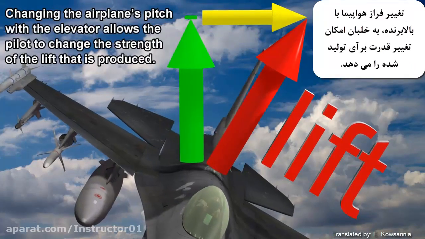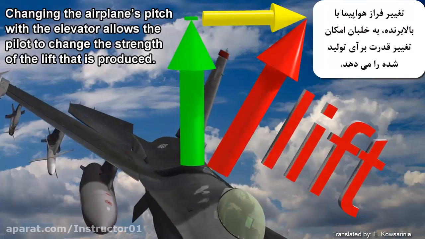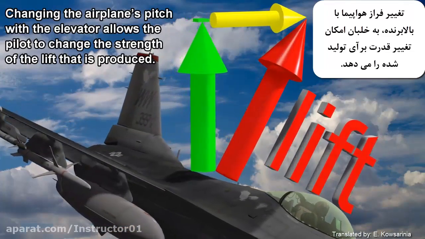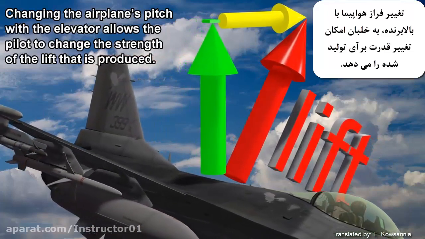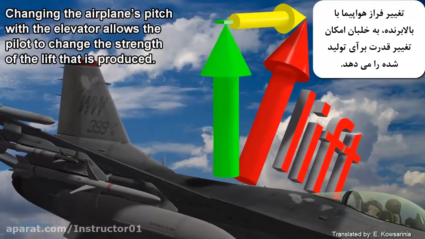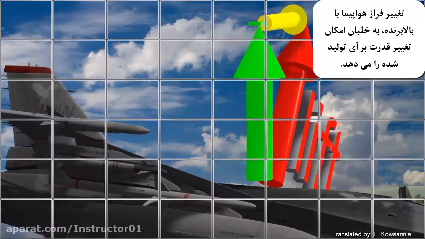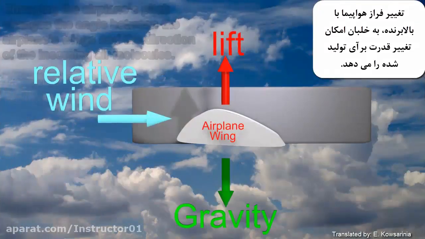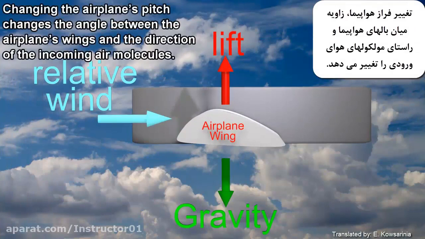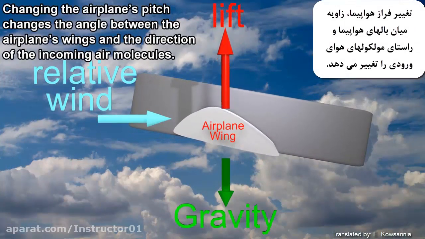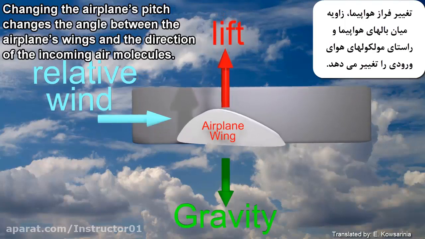Changing the airplane's pitch with the elevator allows the pilot to change the strength of the lift that is produced. Changing the airplane's pitch changes the angle between the airplane's wings and the direction of the incoming air molecules.